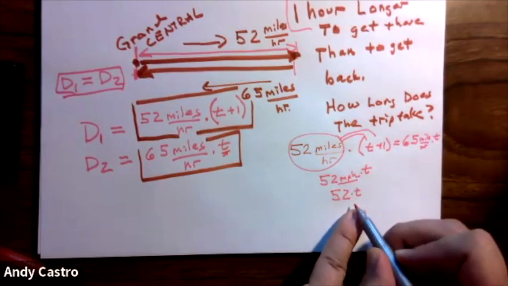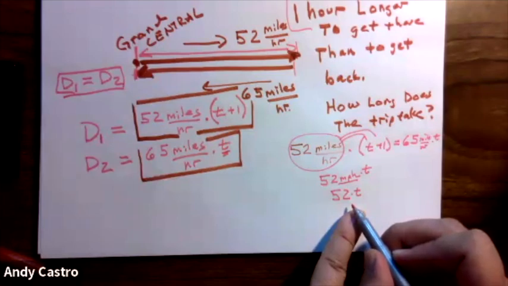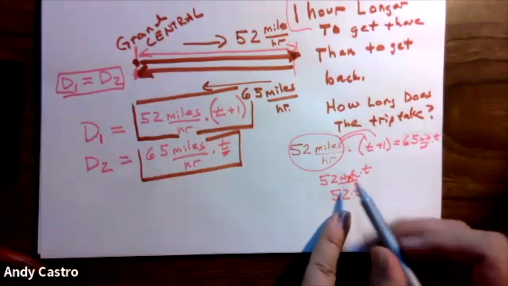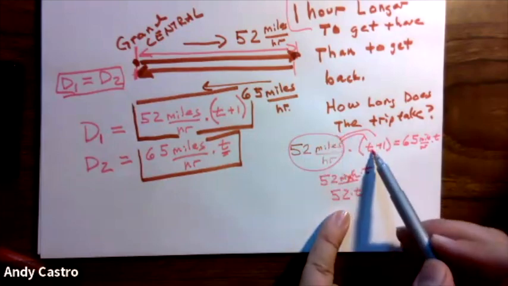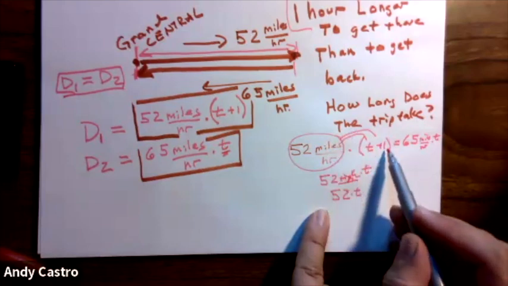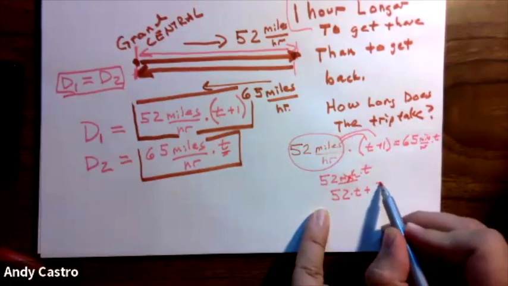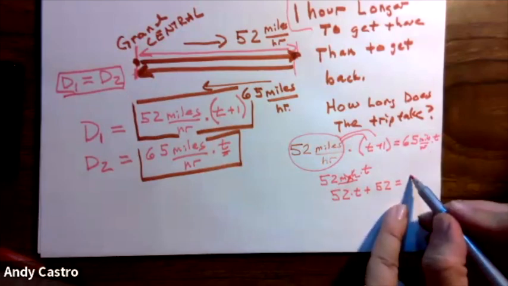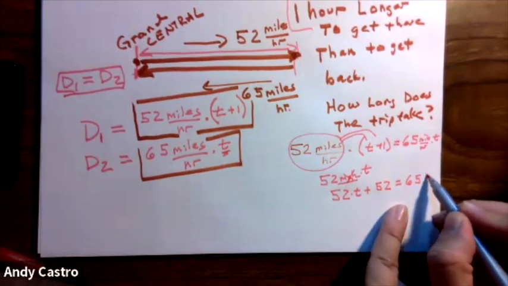That might be a little bit simpler as you're learning how to do this. So we'll leave the units off for now. 52 times T gives us 52T. Then 52 times 1 gives us plus 52. Then here we have 65T.